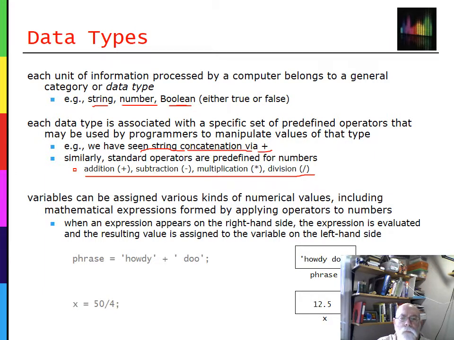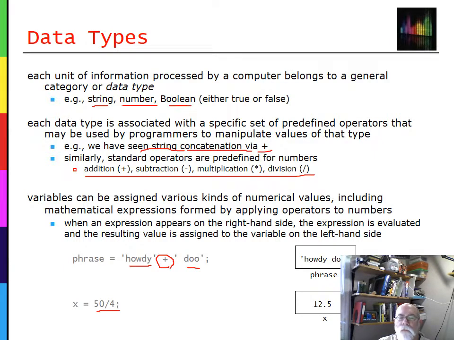So here's an example where we took two variables, howdy and do, and we concatenated them to make howdy do. So now we've made it into a phrase. We could call it catchphrase 1, something weird like that. Here, though, what we did is we want the numbers 50 and 4.